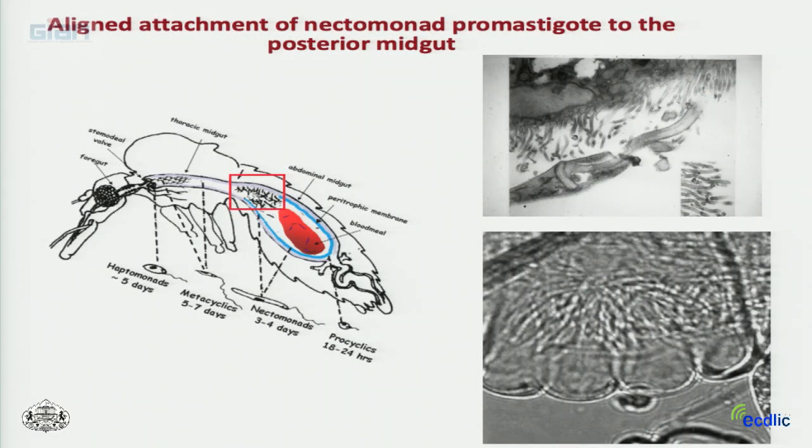And here's an electron micrograph of a single promastigote, again with some association of its flagellum with the microvilli lining the midgut. And you could see how much larger this flagellum is relative to the size of the microvilli lining the gut.